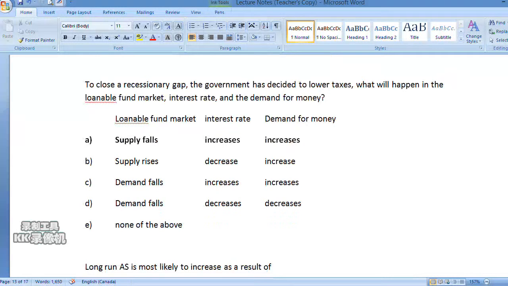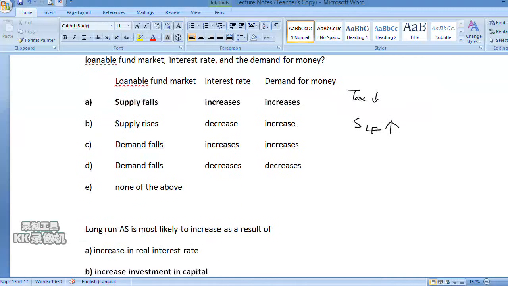To close a recessionary gap, the government has decided to lower taxes. What happens in the loanable fund market, interest rate, and the demand for money? Okay, so when the tax rate is lower, what we are going to see in the loanable fund market is that the supply of loanable funds is going to shift to the right, because now people have more money.